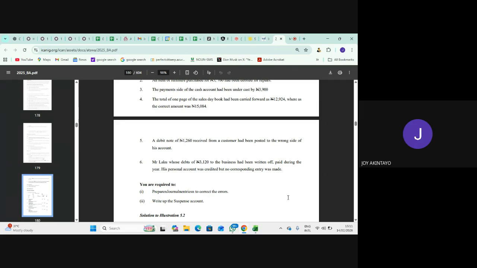So it means we are debiting our cash account.